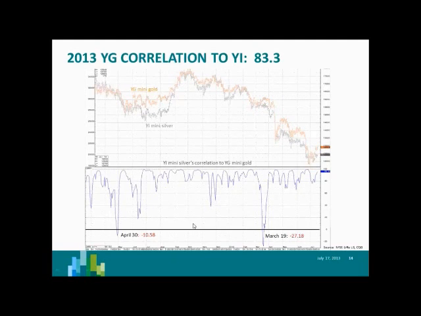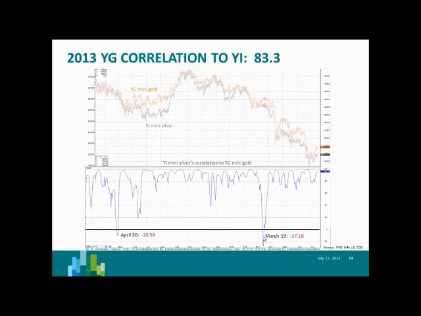Here we see that the correlation can actually turn negative a couple of times, and it can be less strong on certain days. Now this black line here is a correlation of 0, and you can see there's been a couple of times, including one time this year, where the correlation actually turned negative.